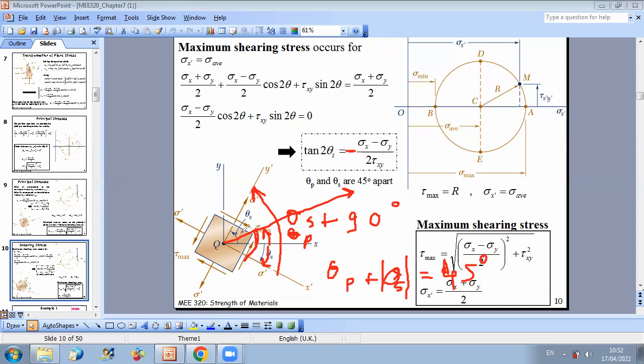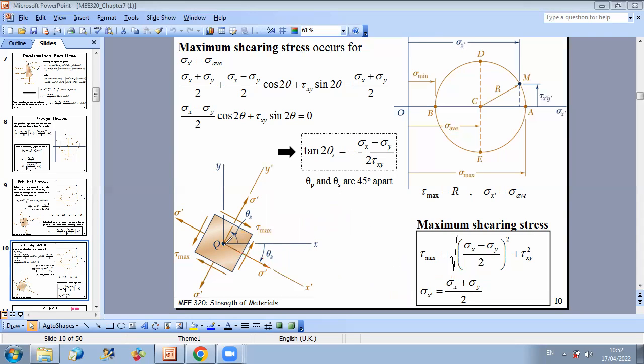And the angle of orientation from x to the principal axis x prime makes an angle of 45 degrees with the angle of rotation from x to the maximum shearing stress. So this is 45 degrees.